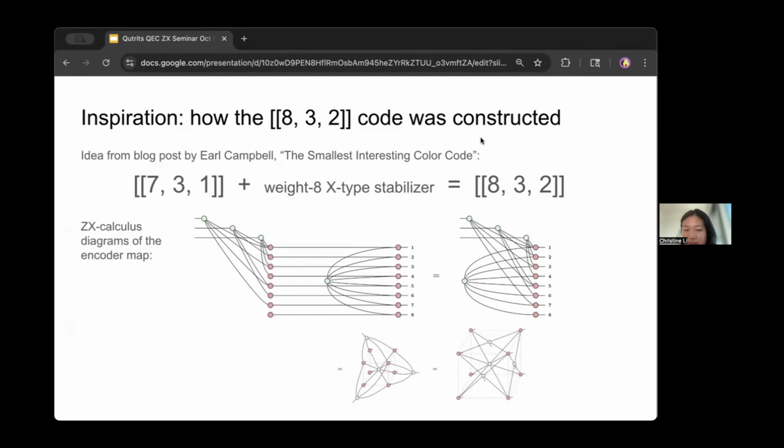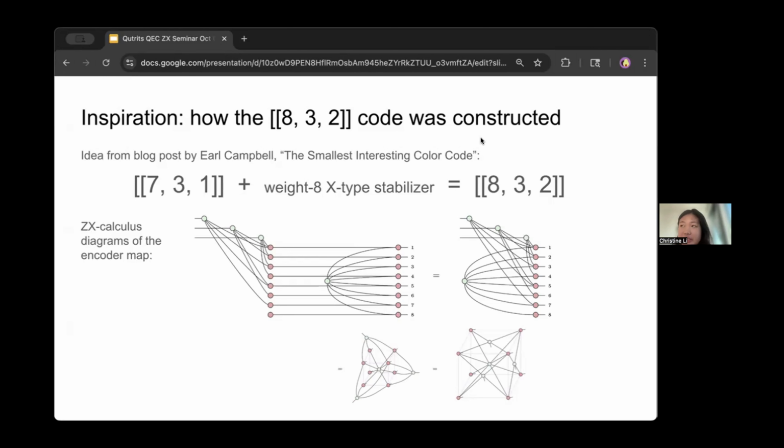So in the qubit case, you can represent these using spider nests, and adding a weight X type stabilizer is sort of like adding a spider nest identity that preserves the logical.